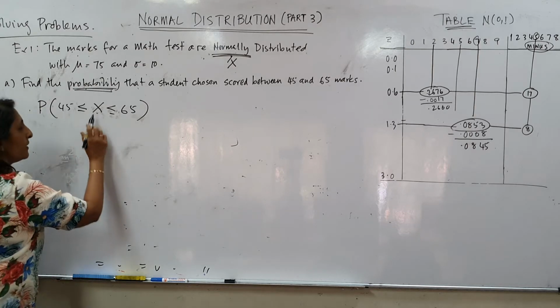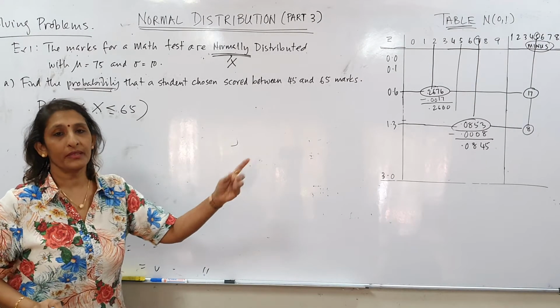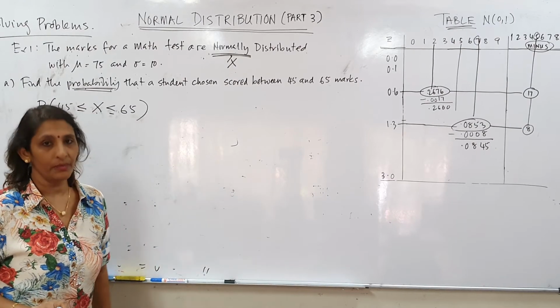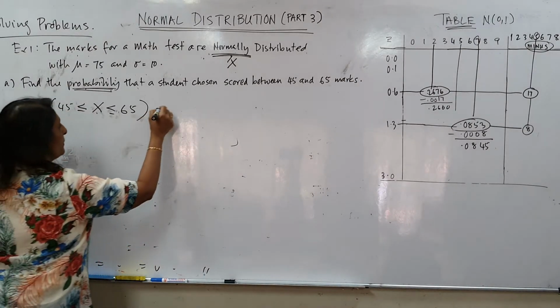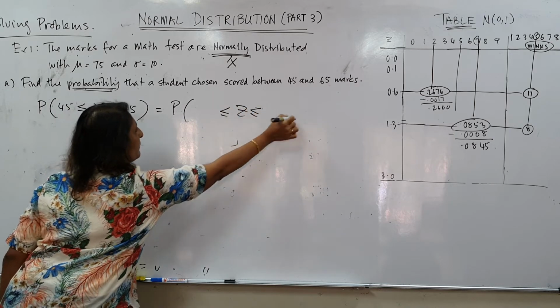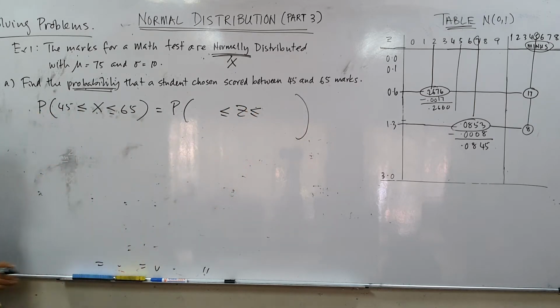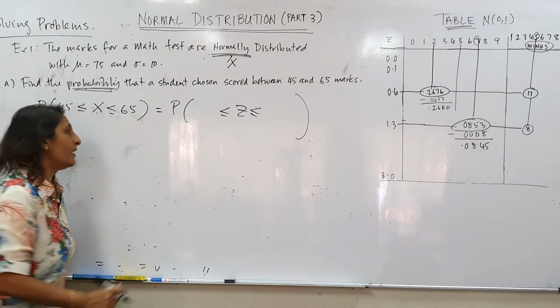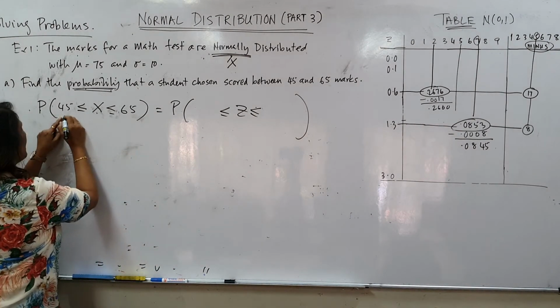Since it's an X, I cannot use the table because my table is a standard normal table. Therefore, I need to change this to a Z. Remember the Z score? Use that formula. So this is my small x.